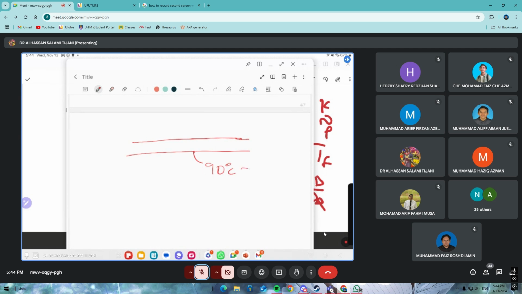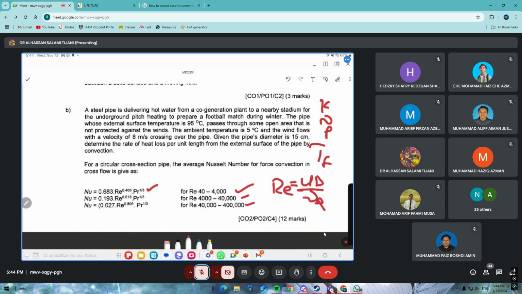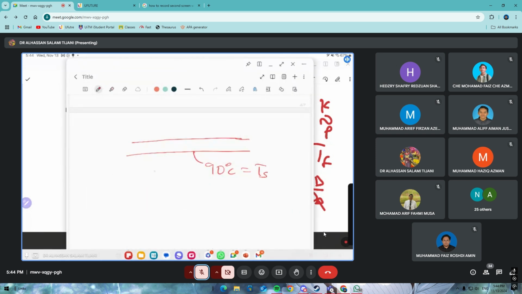Let's say it equals Ts. And the ambient temperature is 5 degrees Celsius, so air is flowing across it.